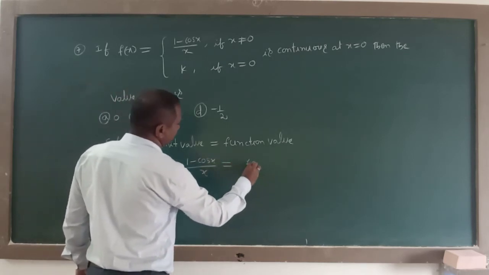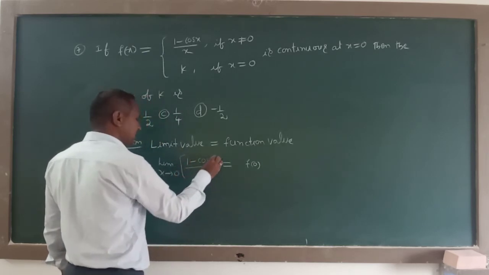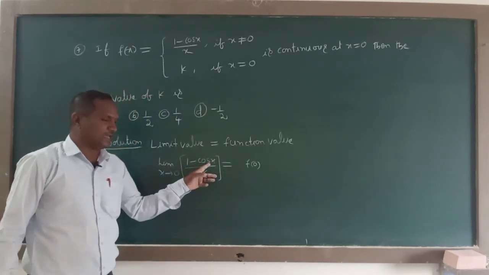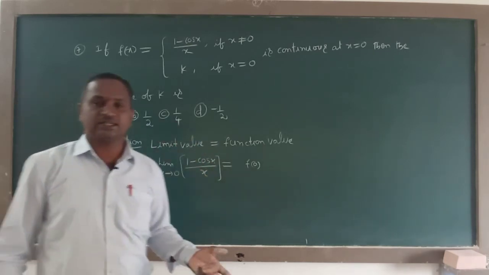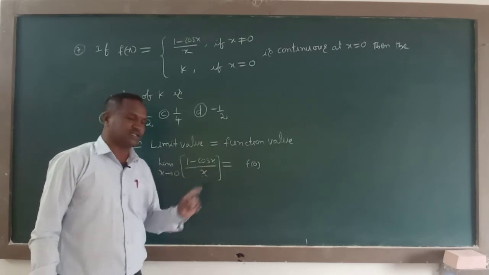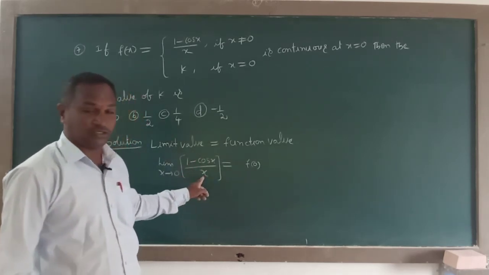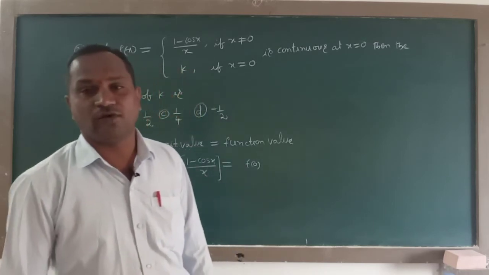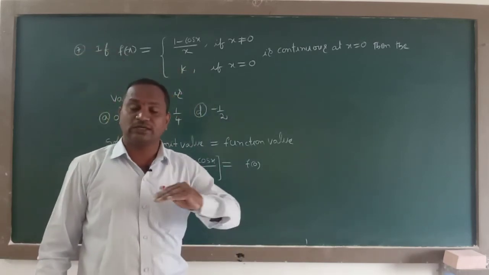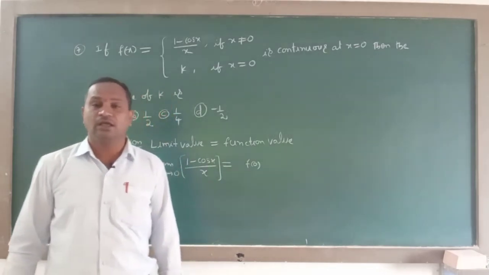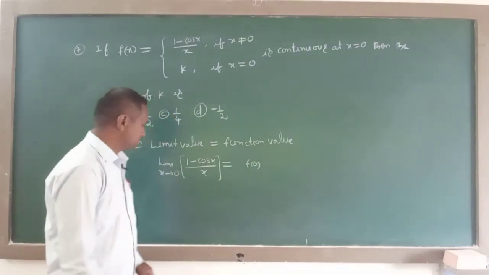In this case, if you apply x equal to 0 in place of x, you get 0 by 0 form, because cos 0 is 1, 1 minus 1 is 0, and in the denominator, putting 0 in place of x also gives 0. But you should not try to cancel; apply the LHR, nothing but L'Hospital rule.